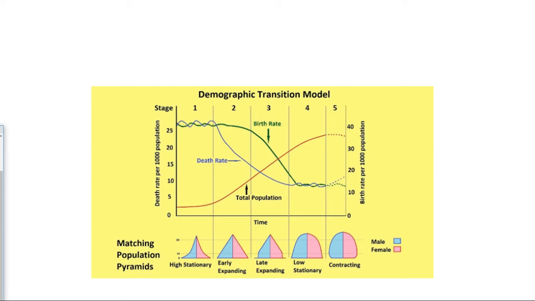And then when you move on to stage 4, they start to even out. And then in stage 5, the death rate starts to be more than the birth rate. The reason why is because as women get older and have more say in society, they're less likely to have kids. So that's why the birth rate goes down and the death rate would go up.